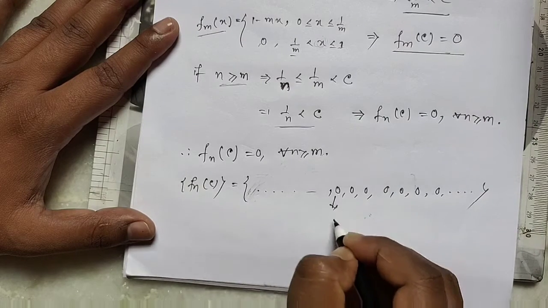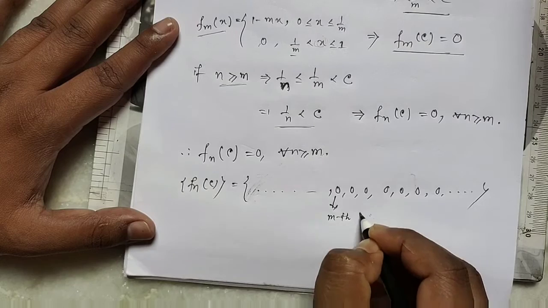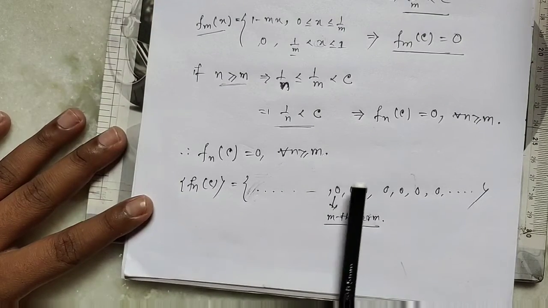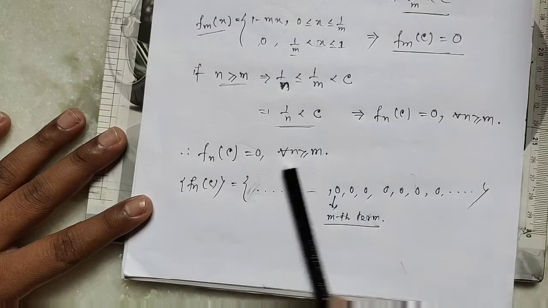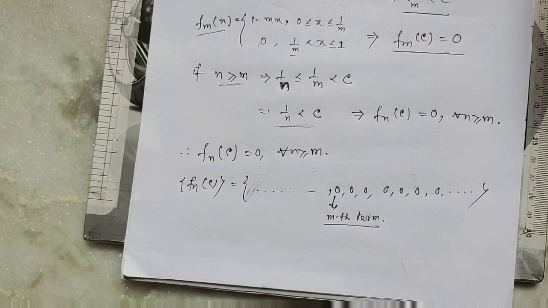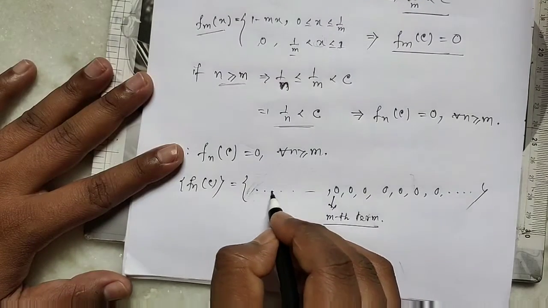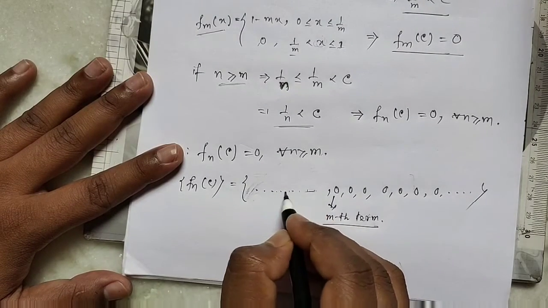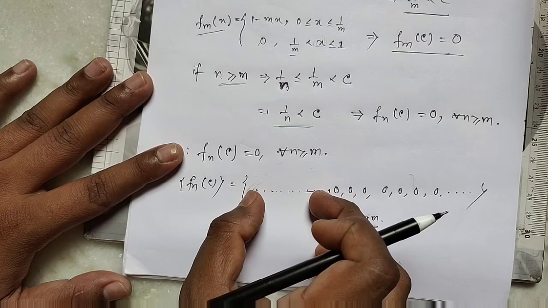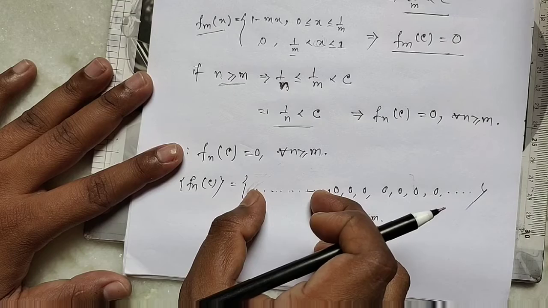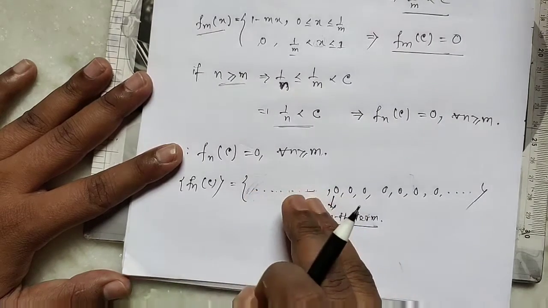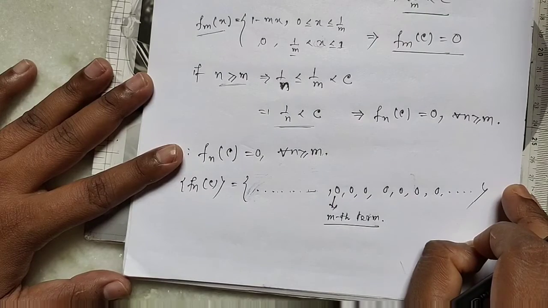This is the mth term. From the mth term, all terms after it are 0. Finitely many terms are non-zero, maybe 0, it does not matter. After the mth term all terms are 0.